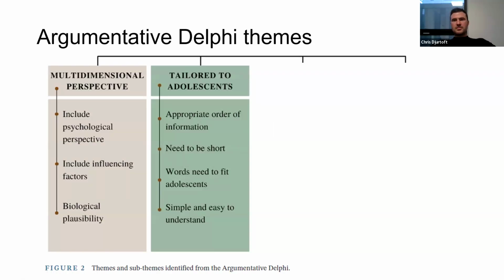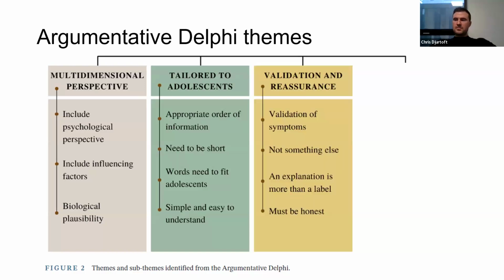It needs to be tailored to the adolescents, so it needs to be written or presented in the correct language. It needs to be simple and understandable, and all the information needs to come in the correct order to create coherence in the message. It also needs to provide some validation and reassurance, so the adolescents get more than just the label.